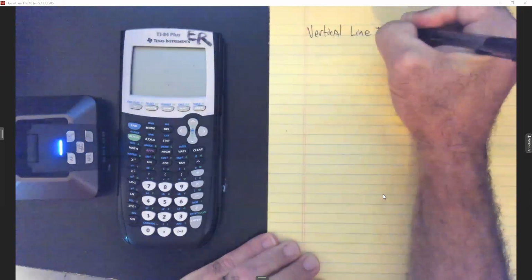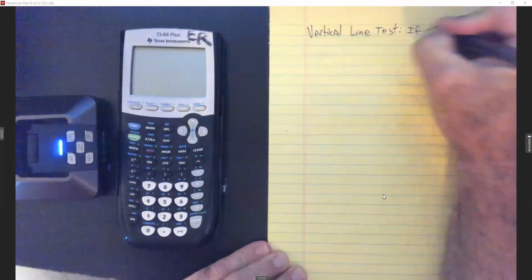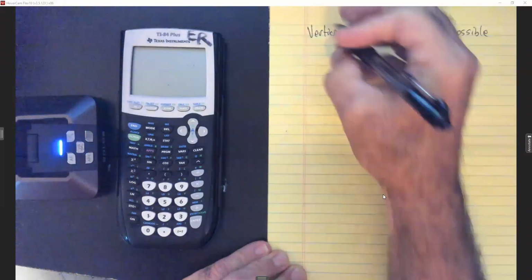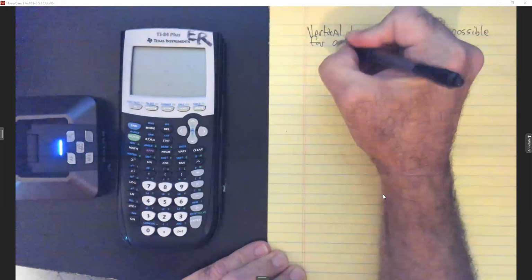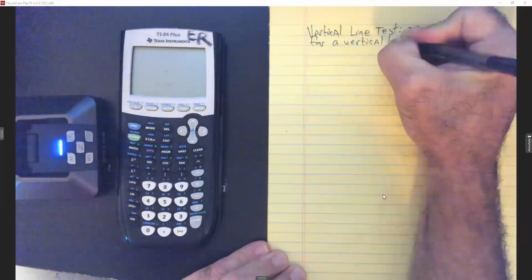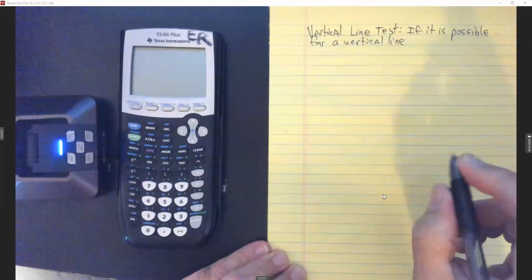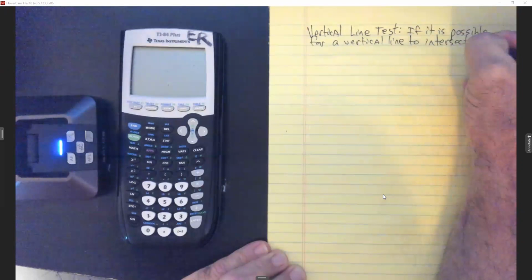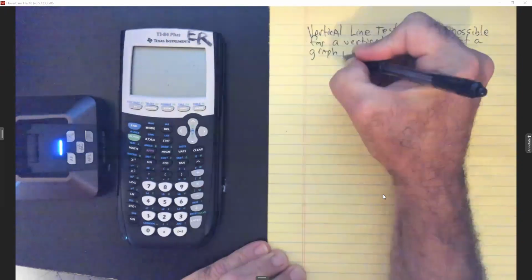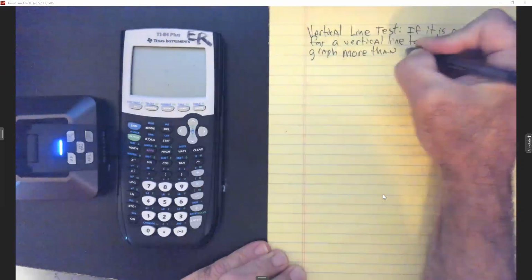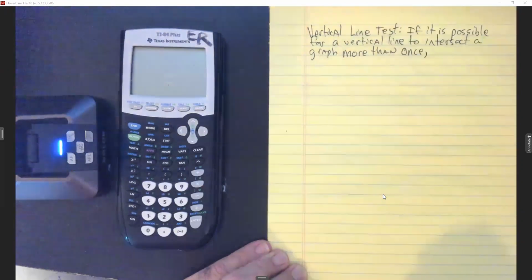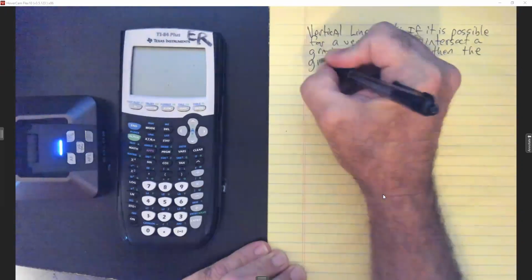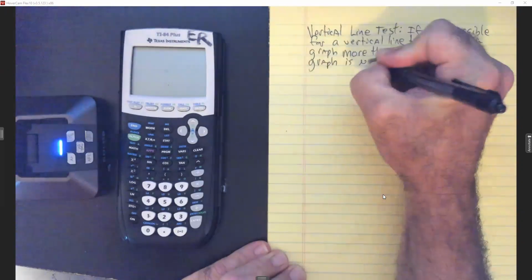What this tells me is that if it is possible for a vertical line to intersect a graph more than once, then the graph is not a function.